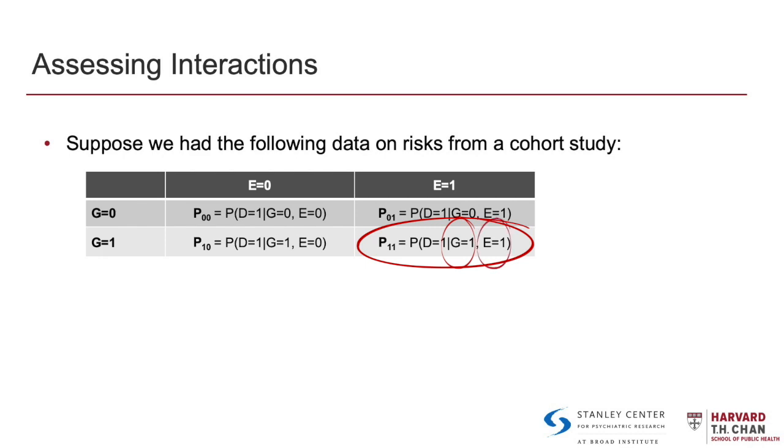The probability of having the disease in the absence of both is denoted as P sub 00, the probability of the disease given absence of the genetic risk factor and environmental risk factor. And then we have the probability of having the disease in the presence of either of the risk factors. In the presence of a genetic risk factor, P10. In the presence of an environmental risk factor, P01.